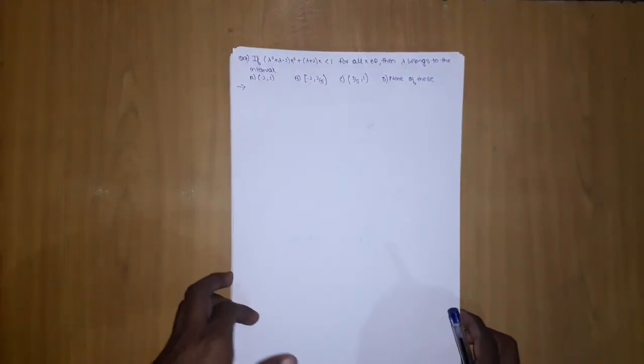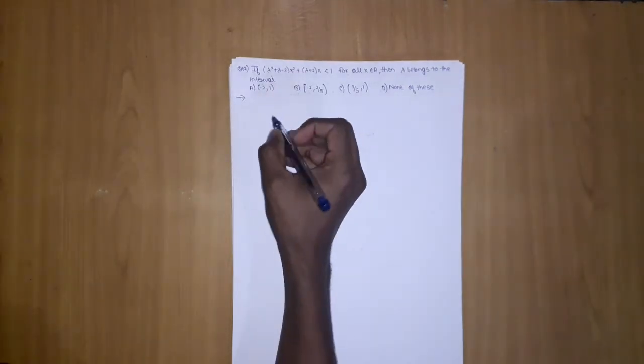Question number 17. If lambda square plus lambda minus 2 into x square plus lambda plus 2 into x is less than 1 for all x belonging to R, then lambda belongs to the interval. We want to find the interval in which lambda belongs.